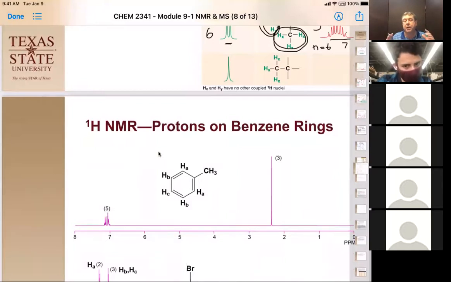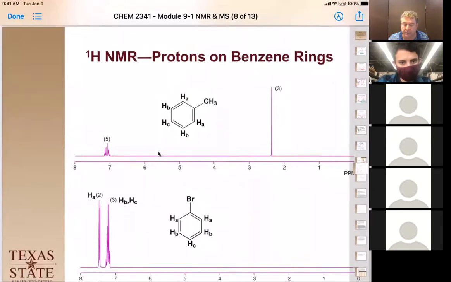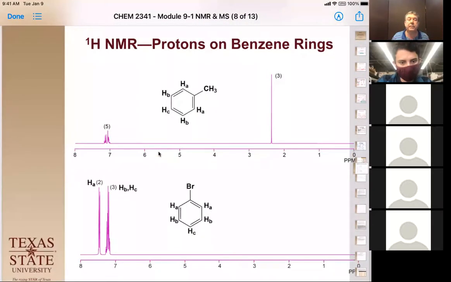So I want to show you some common patterns we see in benzene rings that we might not see in those straight chain hydrocarbons. So if we just had benzene by itself, it gives us a singlet because they are magnetically equivalent and chemically equivalent, because there's nothing breaking up our conjugation or changing any partial charges or anything like that. So you get a single peak.